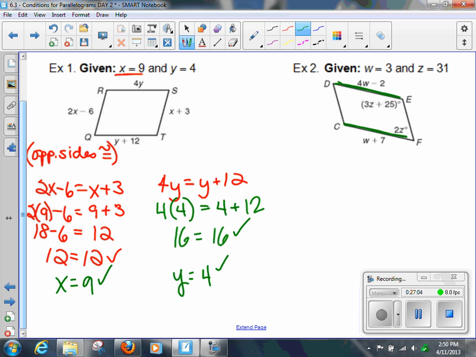What is it? Set them equal to each other. Why? Because opposite sides are congruent. Please write that down. If you wanted to solve this equation for W, then do it. If you wanted to plug your 3 in for W, do it. Either way is fine.